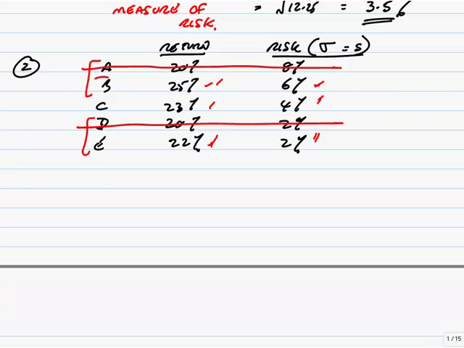You know, the choice between B and C, it would be a question of, did the extra 2% return compensate or not for the extra 2% risk? And we don't know the answer, and you couldn't be asked. So far no problem. We've seen how we measure the risk, standard deviation. Example 2 is just trying to explain the relevance of it, that any decision is a balance between risk and return.